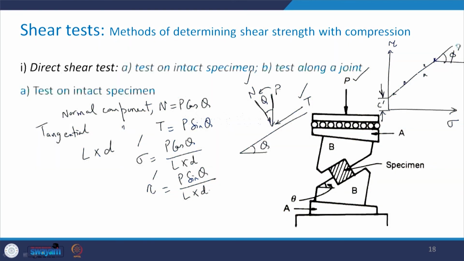So, we discussed about the shear tests, 2 categories of the shear tests. In one category, we do not have the normal load on the shearing plane, and the second category includes the shear strength determination with compression.